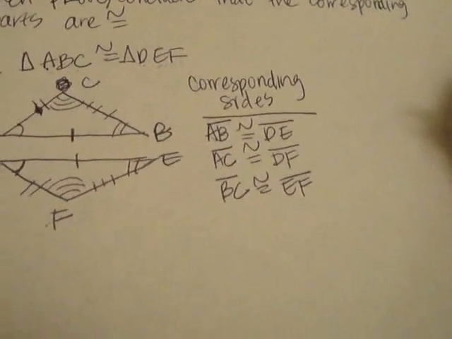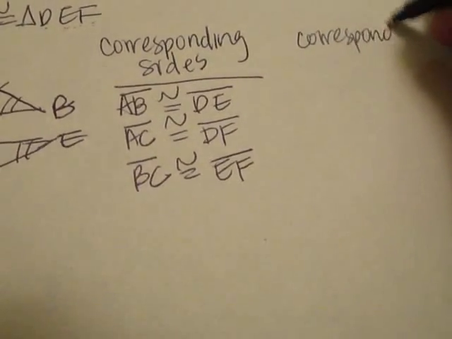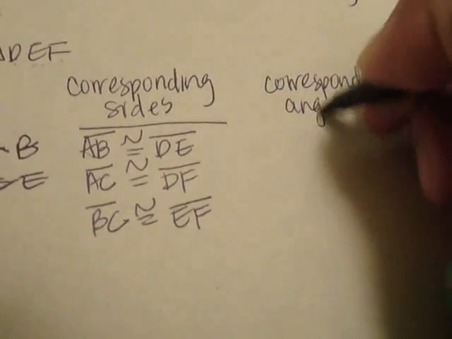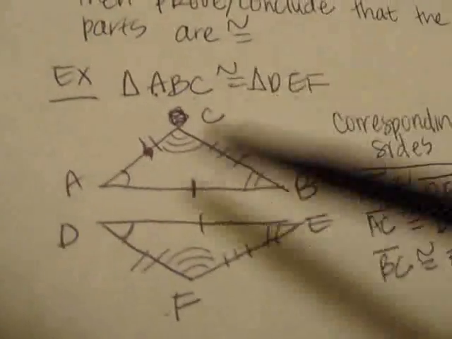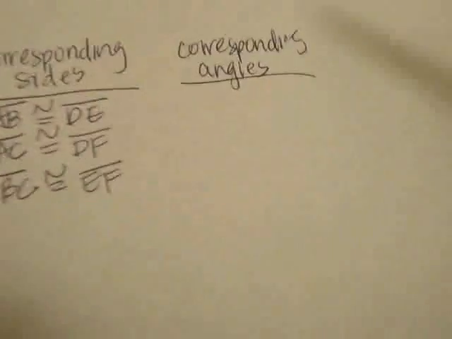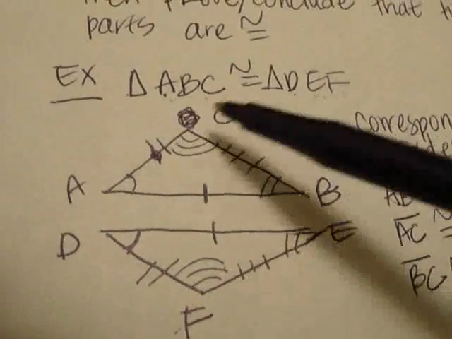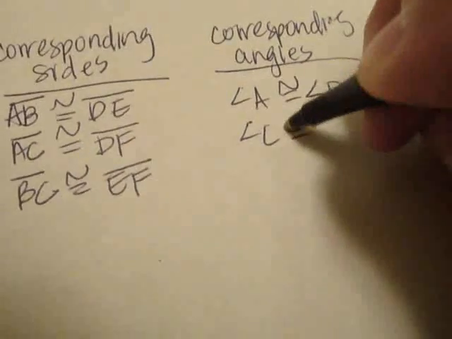And again, you have corresponding angles. Angle A is congruent to angle D. Angle C is congruent to angle F. Angle B is congruent to angle E.